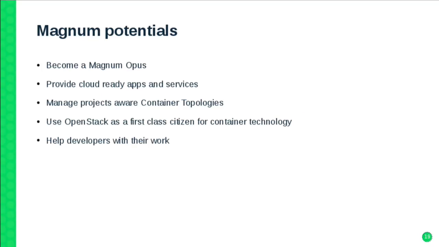With Magnum, we can just add the new component for deploying applications. So we can, for example, create our own library of applications and use it. So this is also about deploying projects which are totally aware of the containers topology, and this is also making OpenStack a first-class citizen for containers.